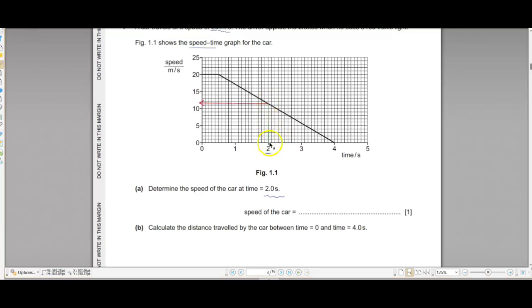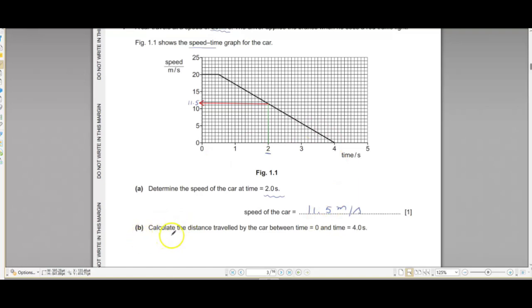Okay, I drew a horizontal line at time equal to 2 seconds up to the curve of the graph, and then I drew a vertical line, and here we can see that 1 square is equal to 1 meter per second. So this would be 11.5 because it's a little more than 11. So the speed of the car at time 2 is 11.5 meters per second. This was pretty clear and simple.